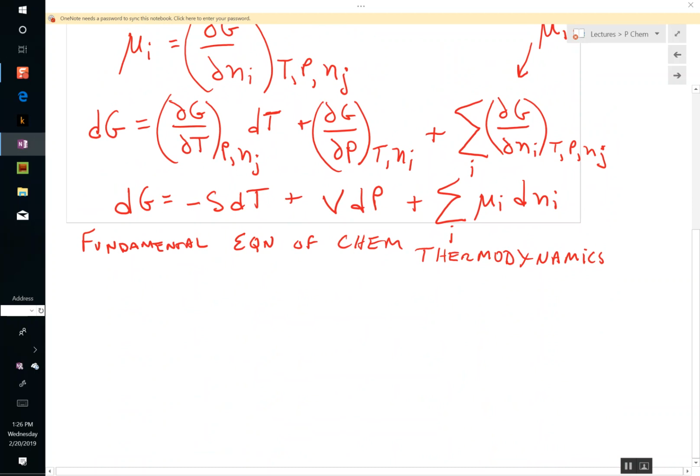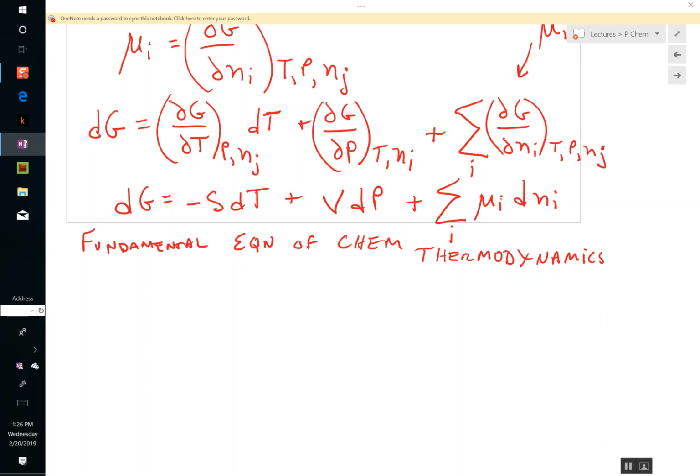Well, let's say you had two things in there, so you'd have mu1 times the change in the amount of component 1 plus mu2, the chemical potential of component 2, times the change in the amount of that.